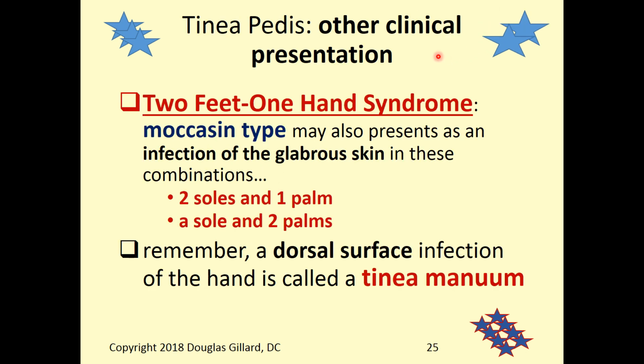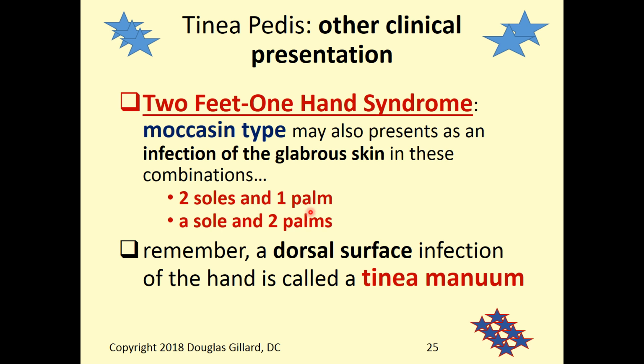Let's see. So this is a weird presentation. People with Tenia Pedis sometimes tend to get something called 2 feet, 1 hand syndrome. And it's the moccasin type that does this. T. rubrum infection causes moccasin usually. And you literally get an infection of both soles of your feet. So you get moccasin Tenia Pedis in both feet.